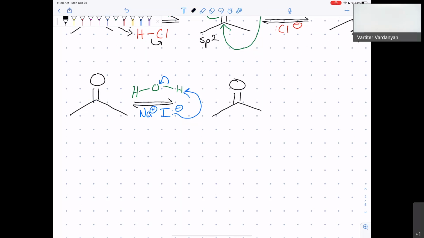I'm just going to redraw it. But what we made is NaI. Oh, just kidding. We made HI, which is an acid. And we also now have OH minus. And this is a stronger nucleophile because nucleophiles love having negative charges.